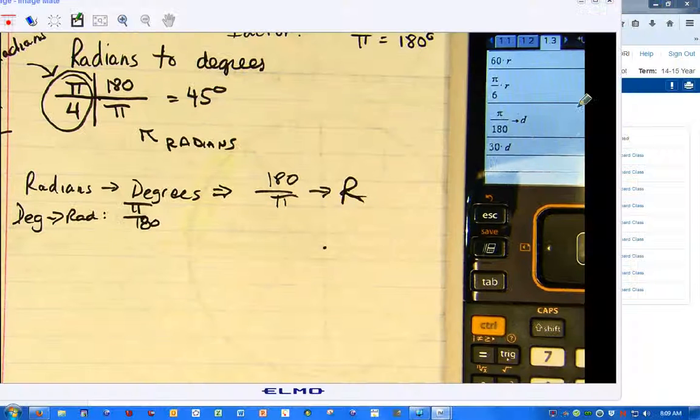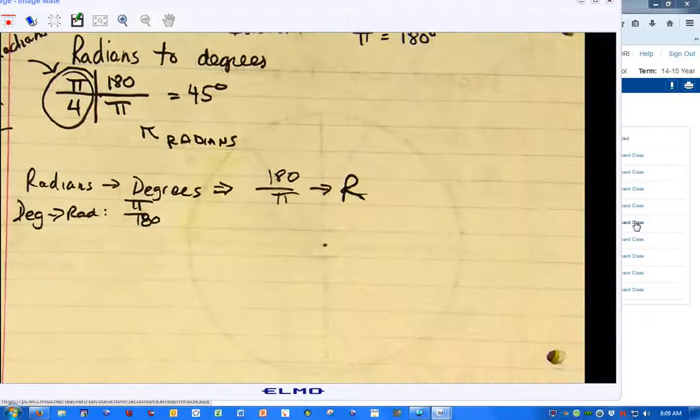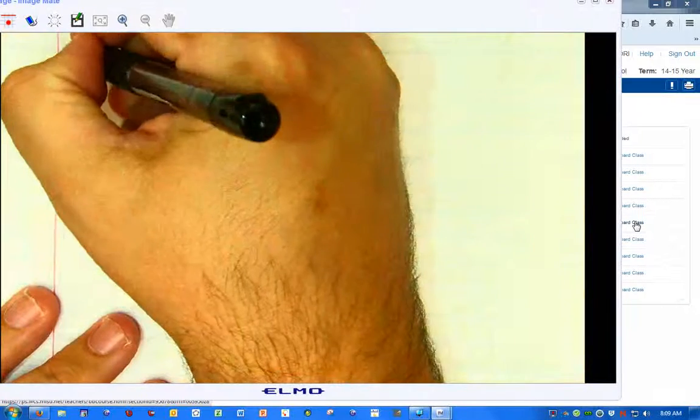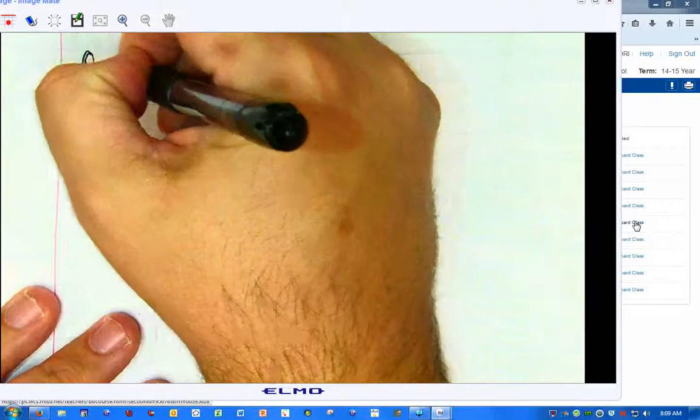All right. Now, here's your task. You will choose to accept it. You are going to create this chart.